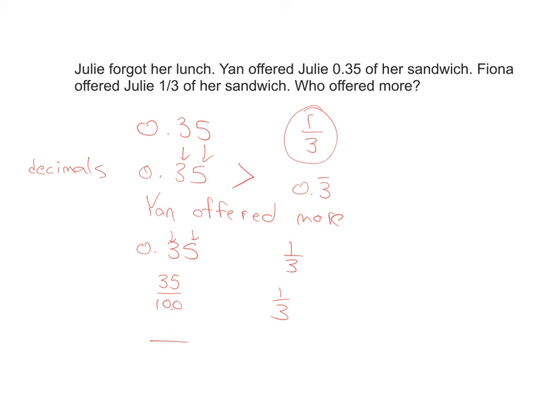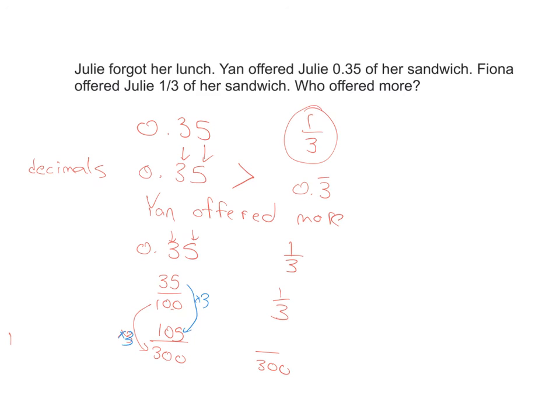Well, 100 times 3 is 300. So I know 300 is a common denominator. So what did I have to do to 100 to get 300? I just multiplied by 3. So therefore, I need to multiply the 35 by 3. 5 times 3 is 15. 30 times 3 is 90. So that's just equal to 105.